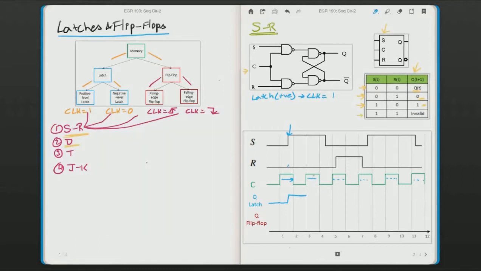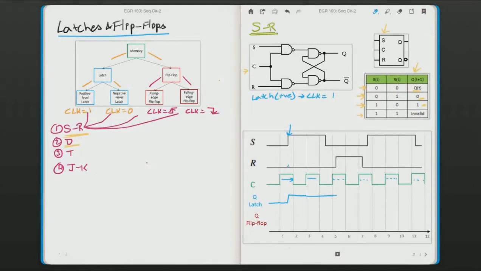Now let's look here. When my clock is 1 during this time, my S is 1, R is 0, 1, 0, my output would be 1, and remains the same till the next time clock changes to 1. Now let's look here. When clock is 1, initially set is 0, reset is 0, so it retains the previous value for certain time.